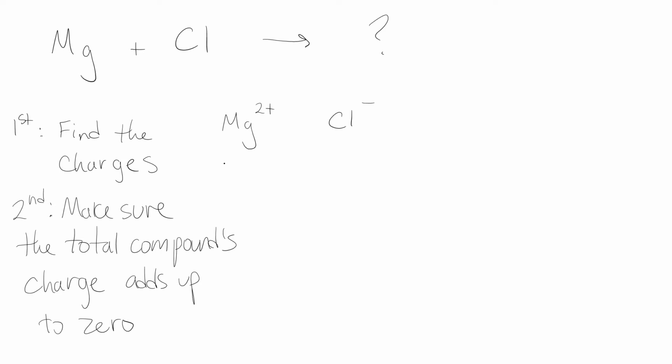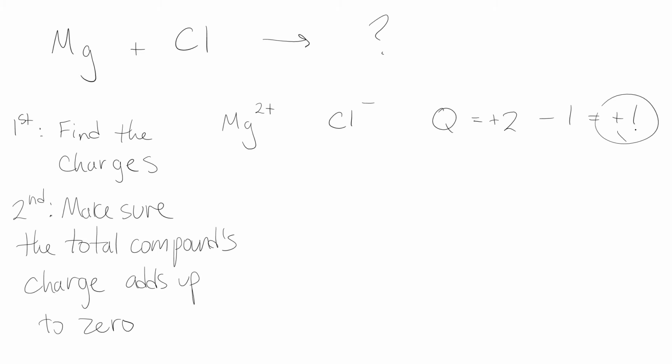Okay, and so what does that involve? Well, if we just stuck magnesium and chlorine together like so, what we would find is that the total charge, Q, is going to be +2 minus 1, or +1. Since there is an overall net charge, we can't just stick one magnesium together with one chlorine.